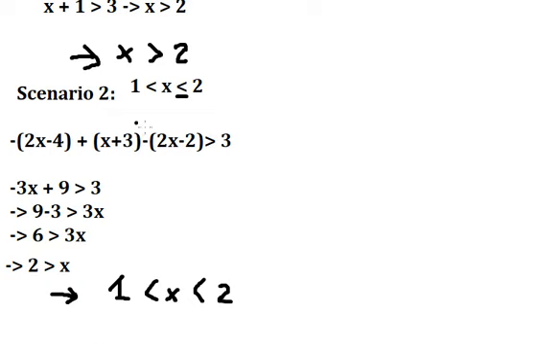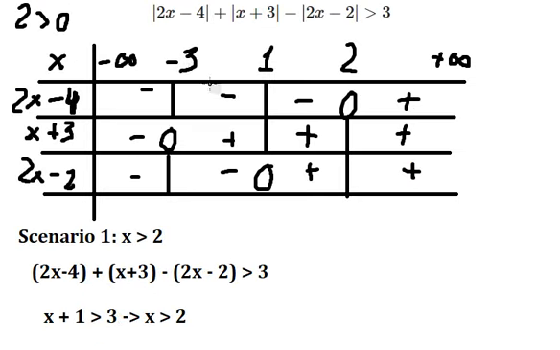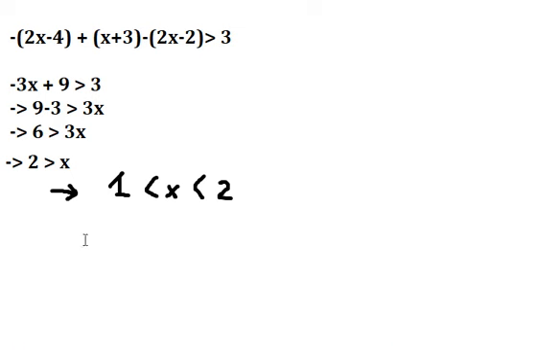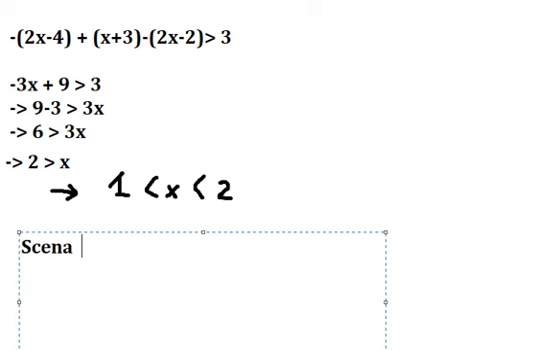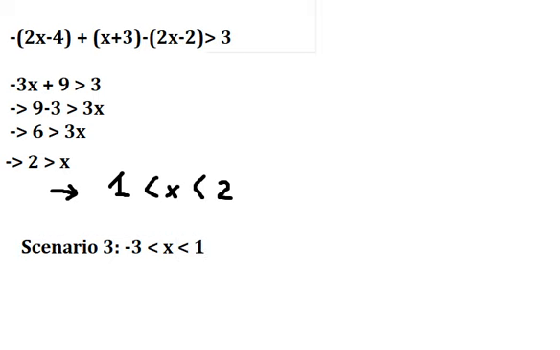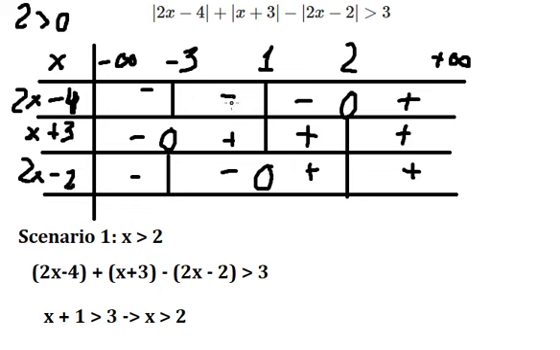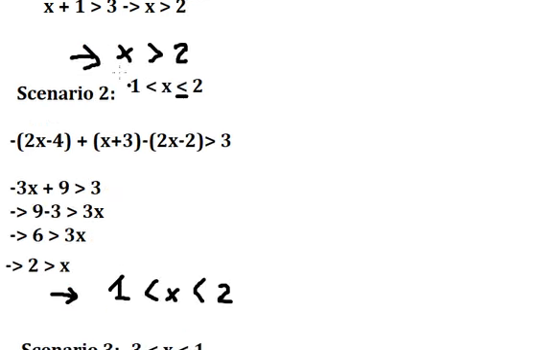And now we go to scenario number 3, that is from negative number 3 and number 1. So in this one we have 2 negatives in here. So this one we put the negative in here, and this one we put the negative in here. So this one they will change for positive.